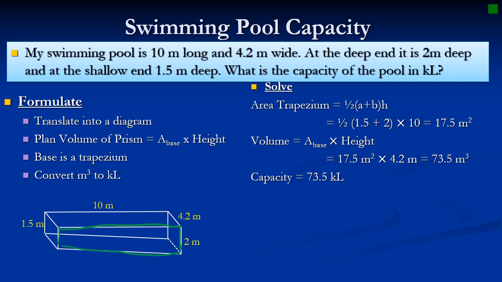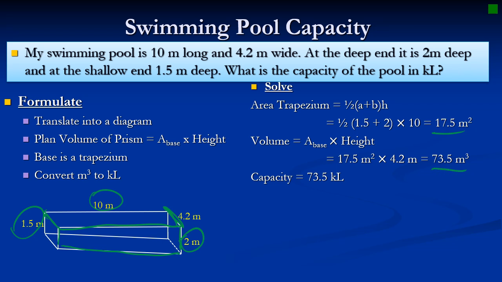So when we solve this, we need to think, okay, what's the area of this trapezium here? And then we multiply it by the height. So the area of the trapezium is what? 1.5 plus 2 divided by 2. Then we multiply that by 10 meters long to get 17.5 meters squared. To get the volume, we need to multiply that by the 4.2 here, and that will give us 73.5 cubic meters.